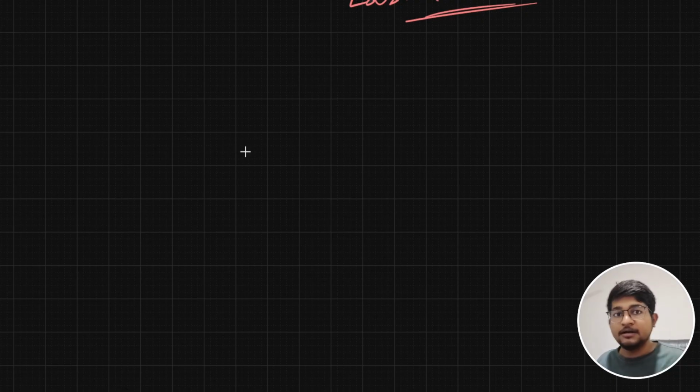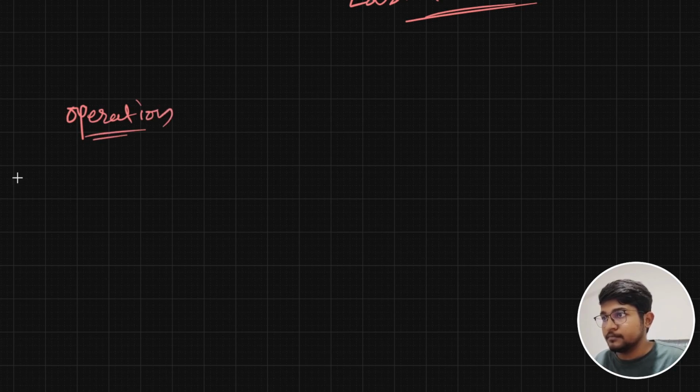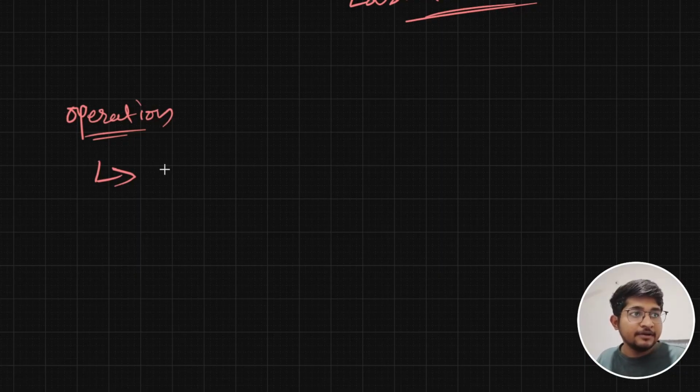Next topic is our operations. Here we have Enqueue, Dequeue, peek and poll. Poll is similar to peek itself, to find the last value, or to identify whether there is a value present or not.